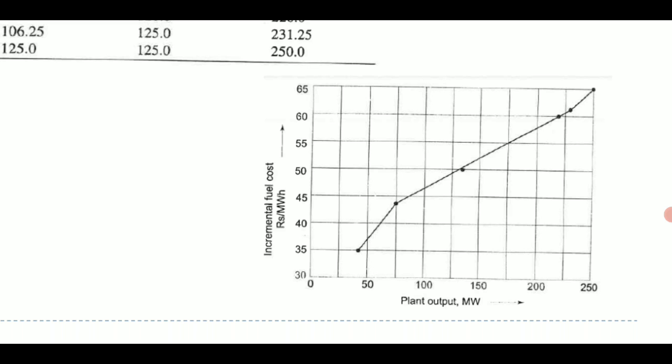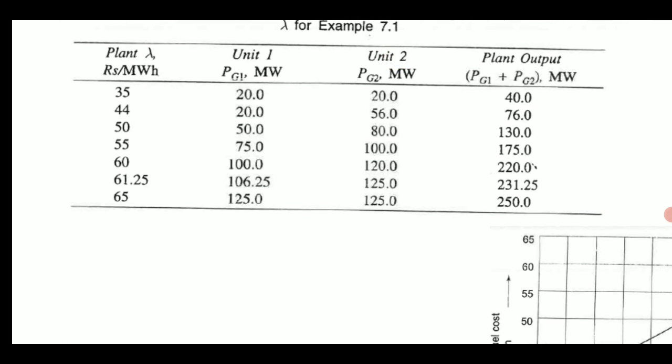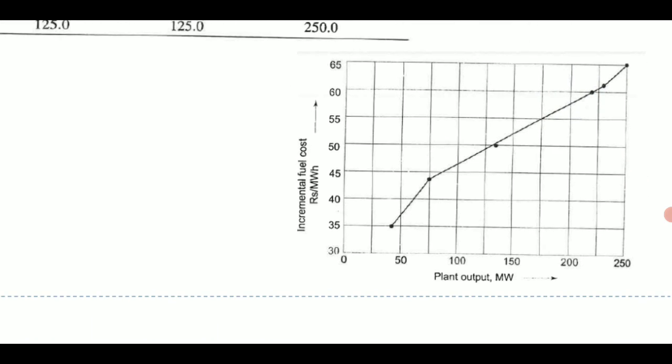Now how is this graph obtained? The graph is just the plotting of these lambda values, or the incremental cost values, with the power.